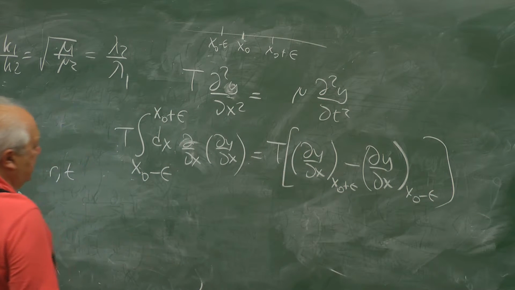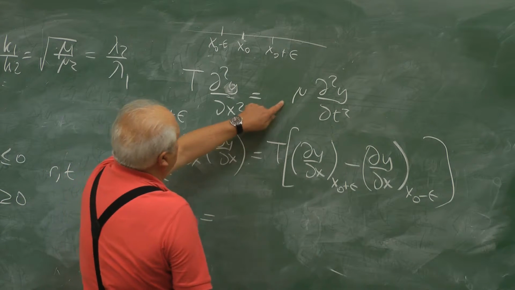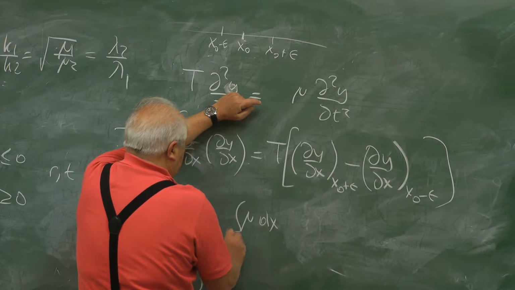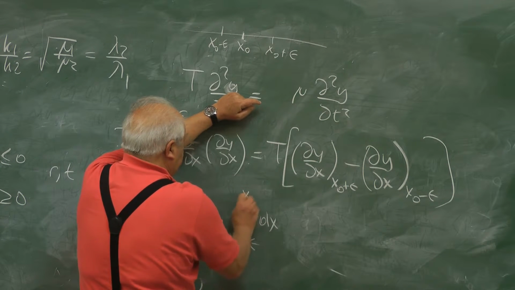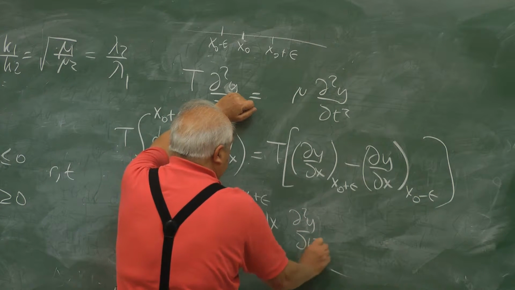The difference in the derivatives will be equal to, I multiply by μ dx, the integral from x0 minus epsilon to x0 plus epsilon of ∂²y/∂t².